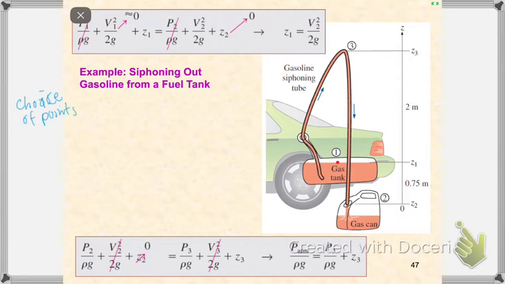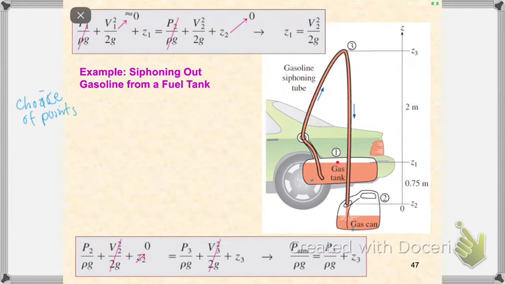It is very important for you to know which points to choose to build your Bernoulli equations. For example, if you take this case, you have a gas tank, and you are taking the gasoline inside the tank into another can. Siphoning, we call this.